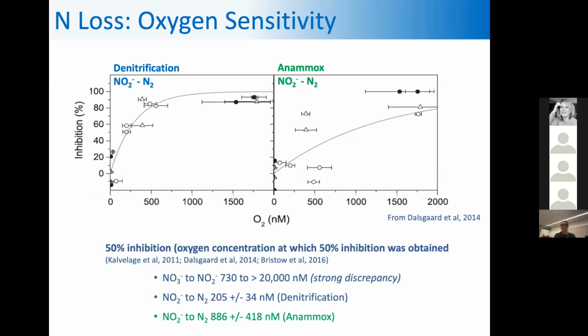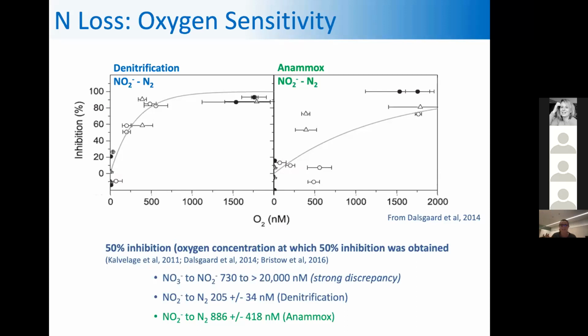And so if we look at the first step of denitrification, quite a lot of different groups and I have looked into this in different low oxygen waters, and there the 50% inhibition covers a huge range. We're seeing a really strong discrepancy between studies, ranging from below a micromolar all the way up to more than 20 micromolar of oxygen.